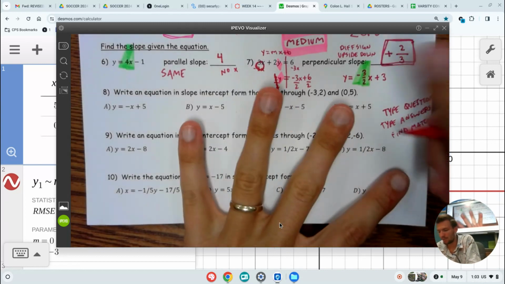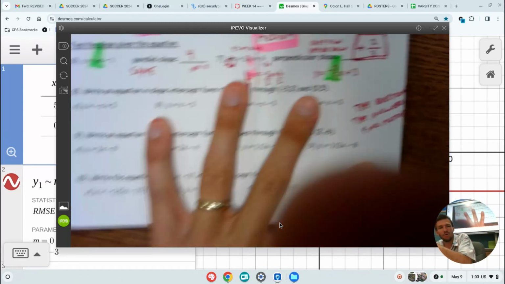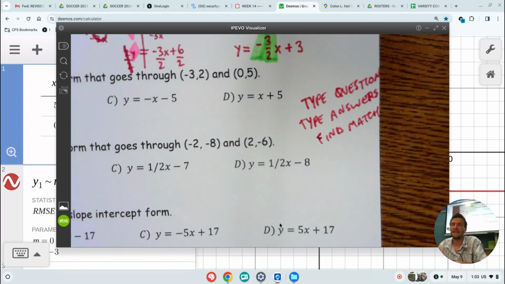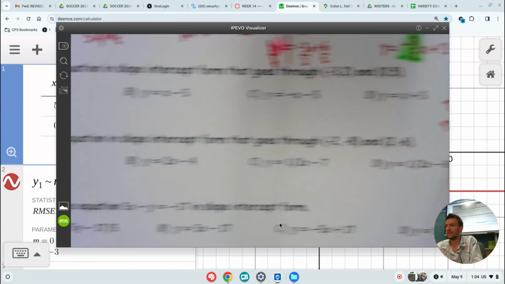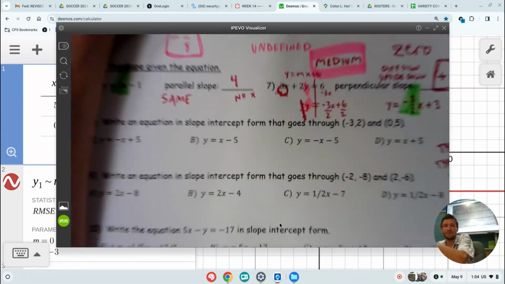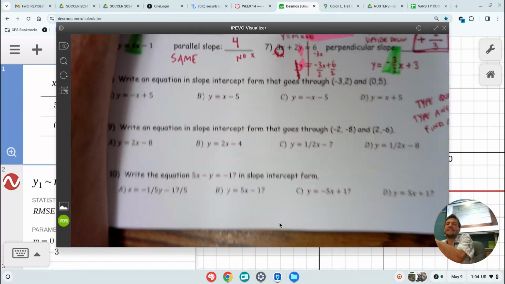Right? That's what we want to do. If you have a multiple choice question, type the question, type the answers, find a match. If I was able to teach a 5th grader how to do that, I really think they would be passing the test or close, just based on this strategy. So when I see one like number 8, I think, nice.